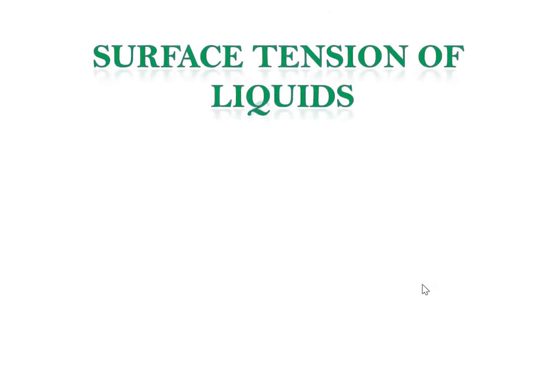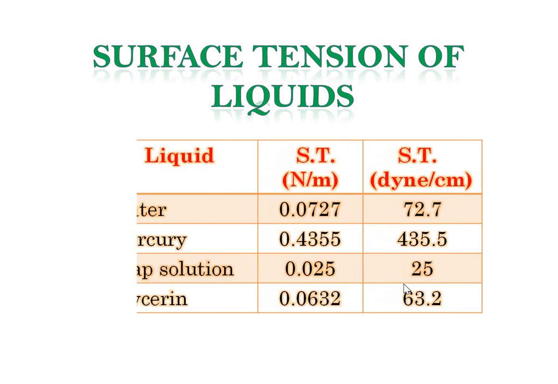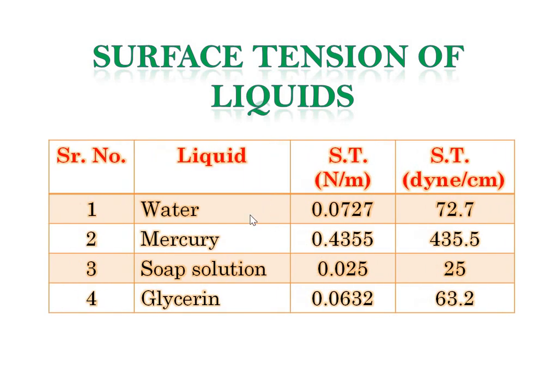So let's see the surface tension of some basic liquids. First see water, having surface tension value in Newton per meter of 0.0727, and in dyne per centimeter it is 72.7. Mercury has the value in SI unit of 0.4355, and in dyne per centimeter it is 435.5.